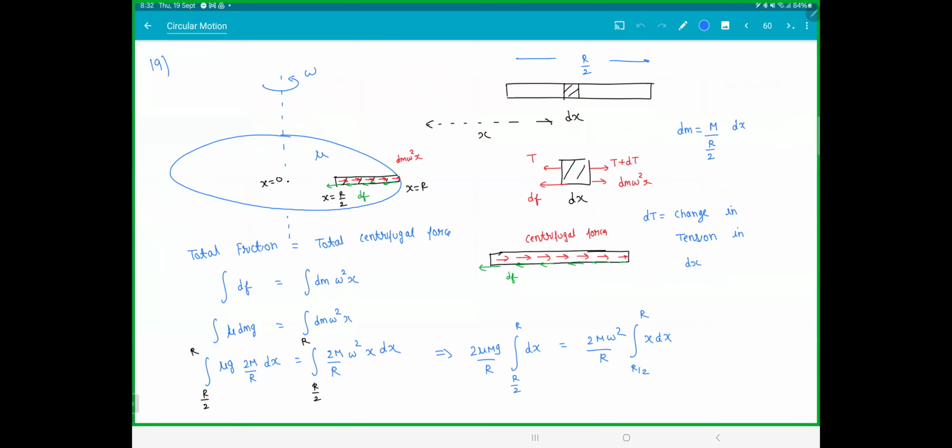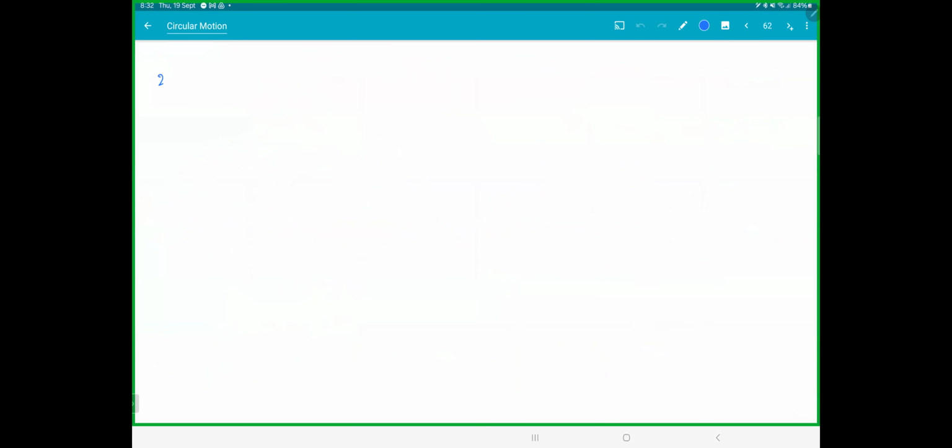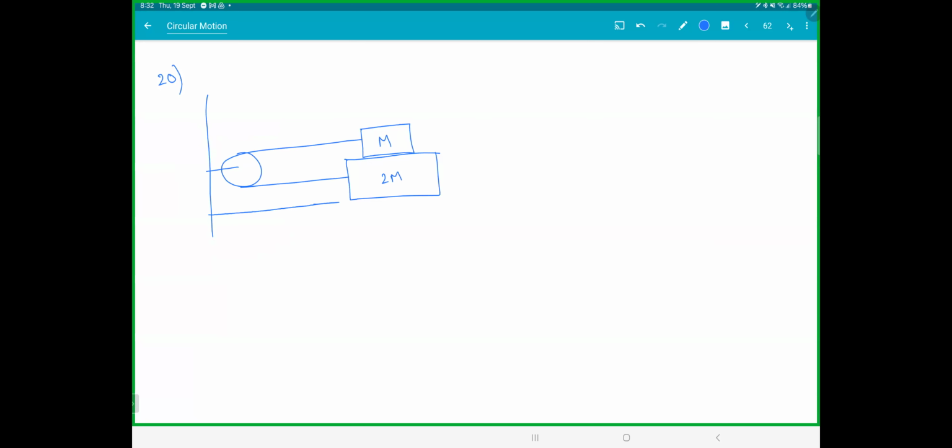Let's see one more. We have a block M. We have a block 2M. This is connected to a pulley. This is placed on the ground.